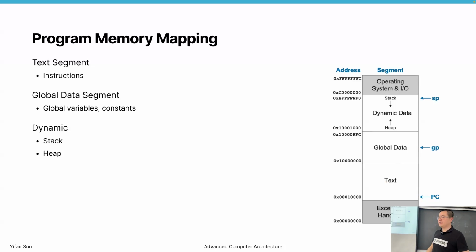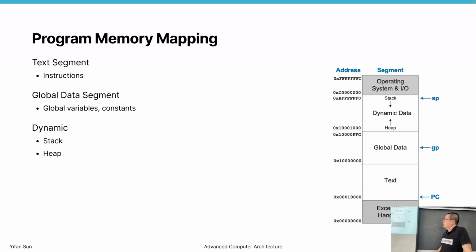Remember last time we had this PC as something like 1050C or something. I don't exactly remember the number, but that is a typical PC. So it starts from this point, then you offset by 50C, and that's your instruction.